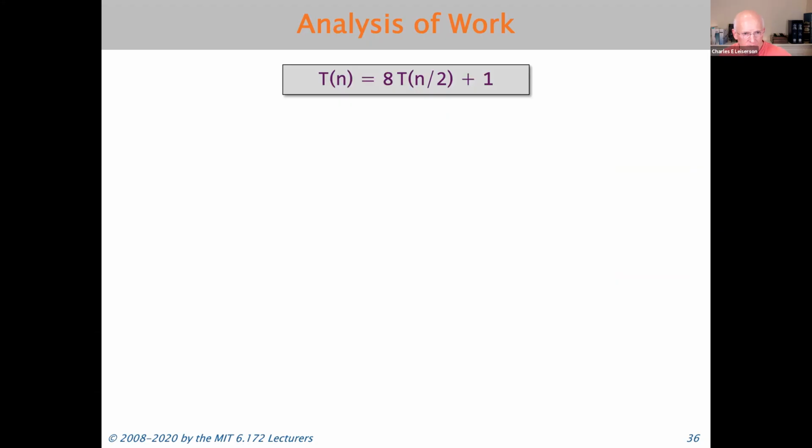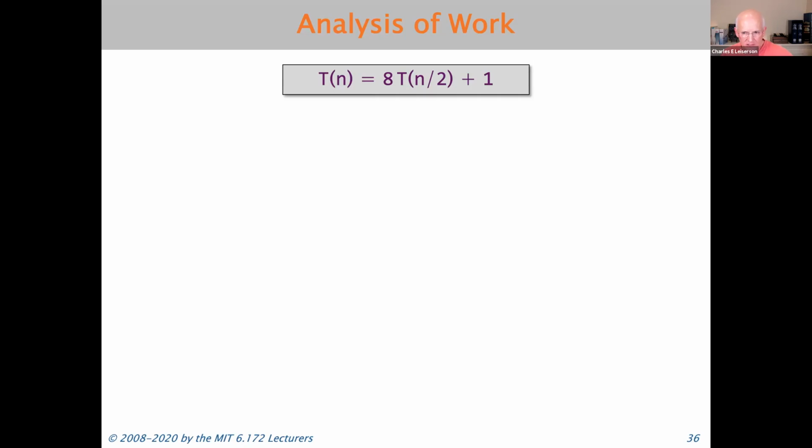So before I do the cache misses, let me analyze the work because I don't want to do it with the master theorem. I want to do it with a recursion tree because that's how we're going to have to do it because the master theorem won't apply to the recurrence we get for cache misses.